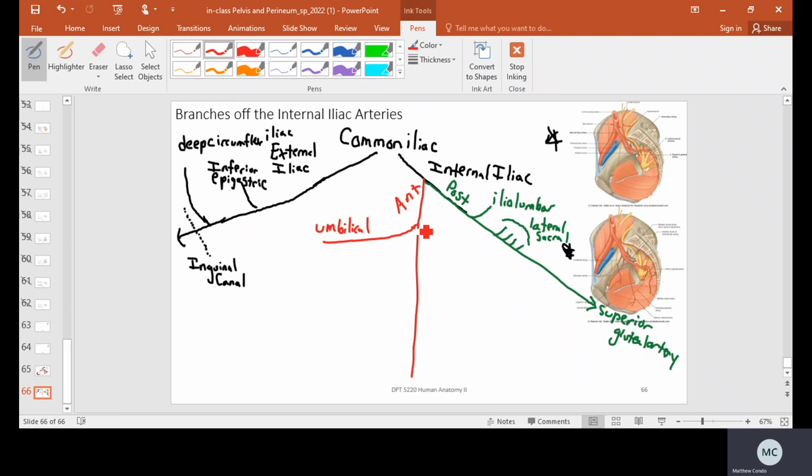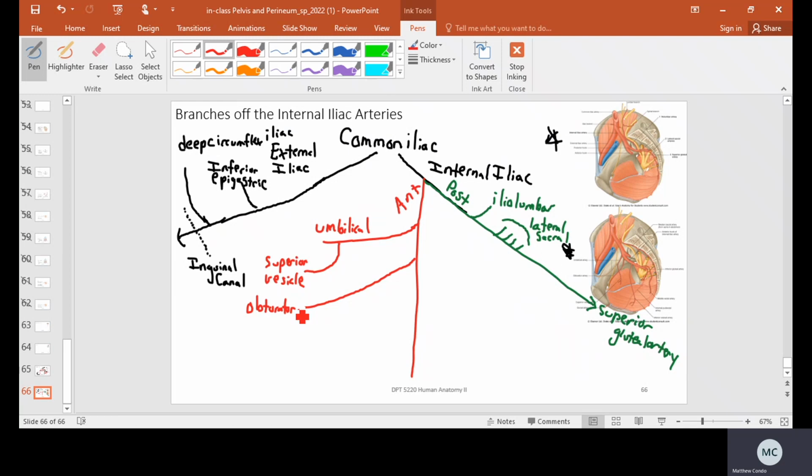Off of the umbilical artery, I'm going to see a branch called the superior vesicle artery. I'm also going to see directly off of the anterior branch my obturator artery.